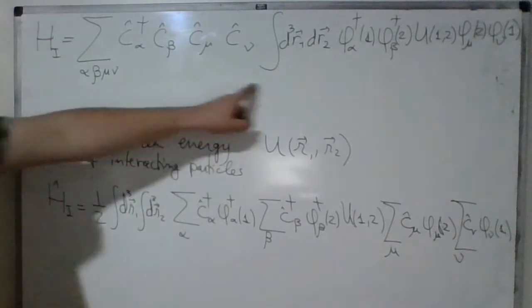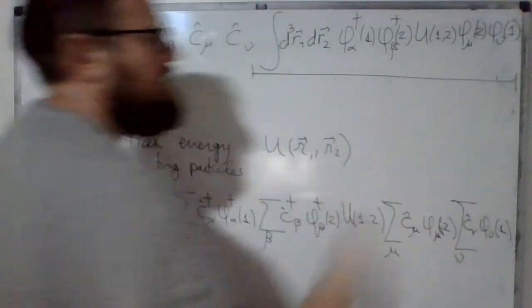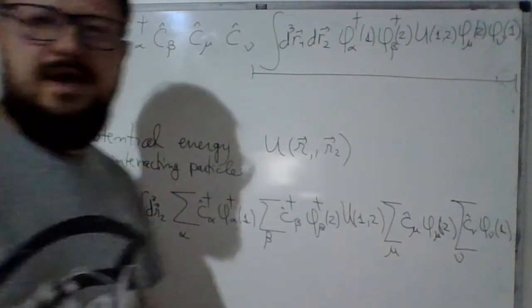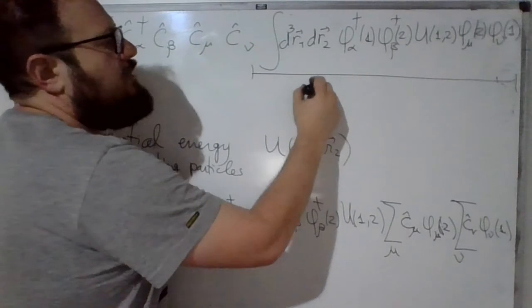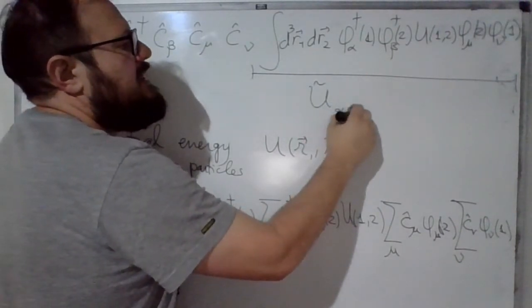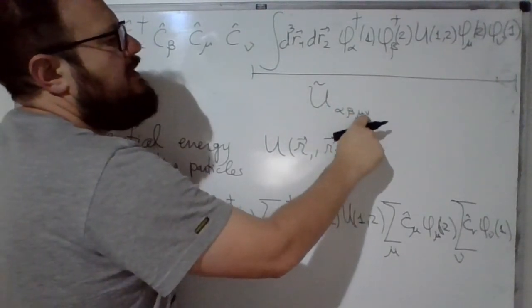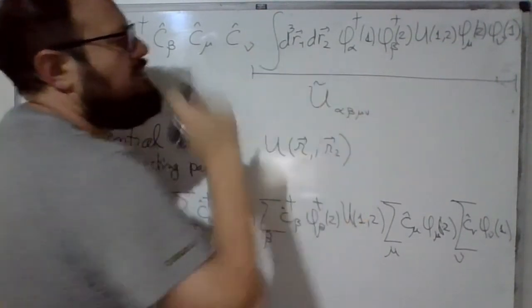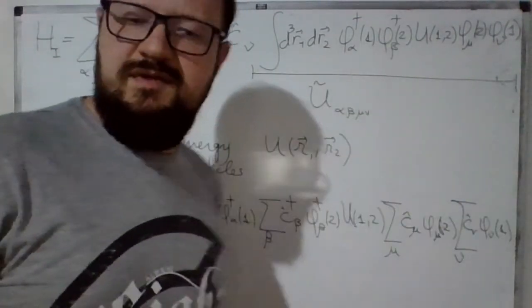Okay, so this is an integral which you need to perform given the potential, and this will produce something like, I will call it u tilde of alpha, beta, mu, and nu. It connects the states alpha, beta, mu, and nu.